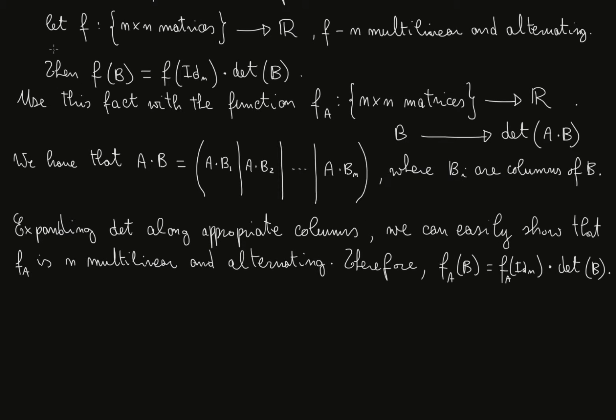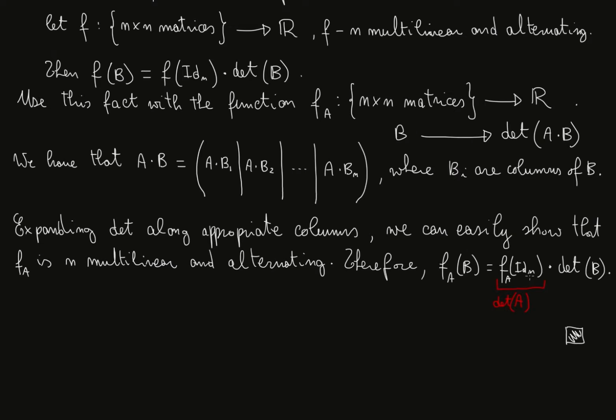By what we just stated, we conclude that f_A of B, which by definition is the determinant of A times B, equals the action of f_A on the identity matrix times the determinant of B. But the action of f_A on the identity matrix, by definition of f_A, is precisely what?